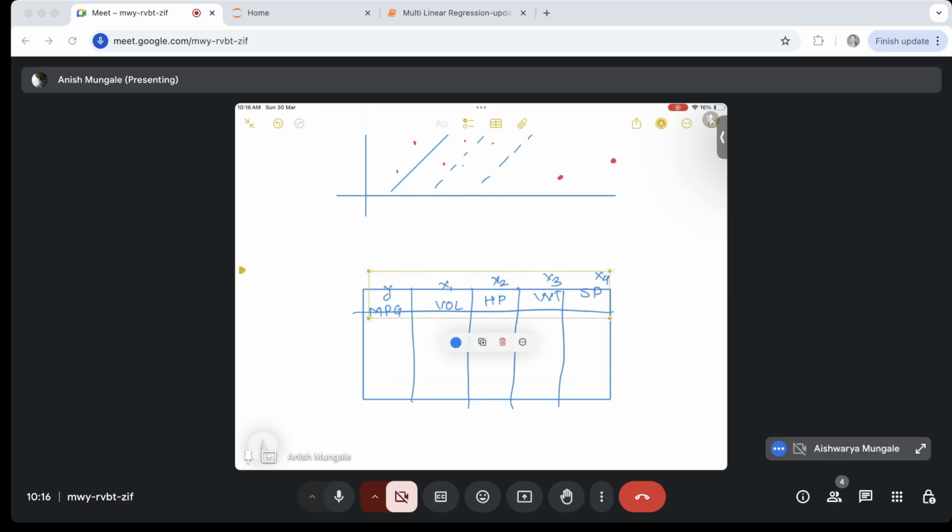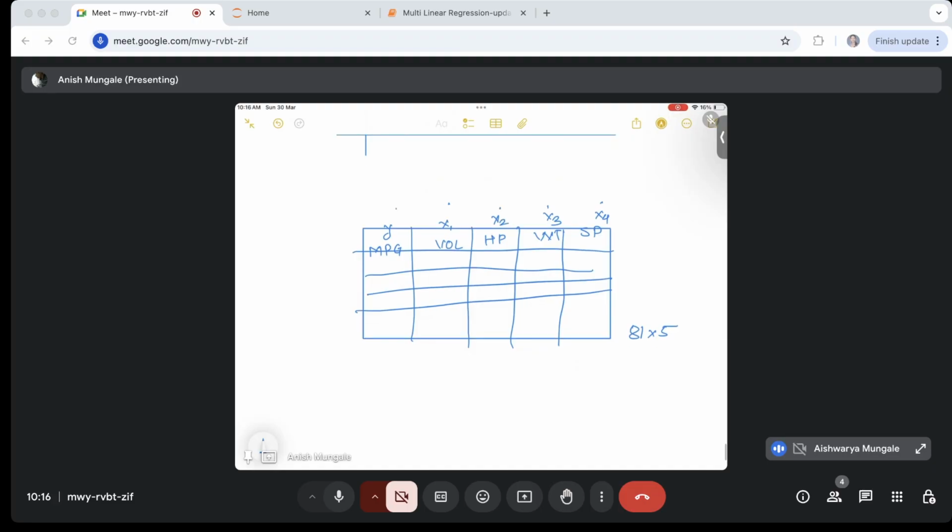Let's say this is the data. There are 81 rows like this, and 5 columns: 1, 2, 3, 4, 5. This is the total data. Clear?